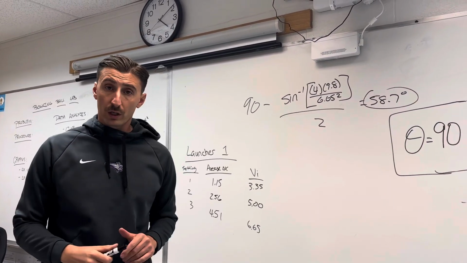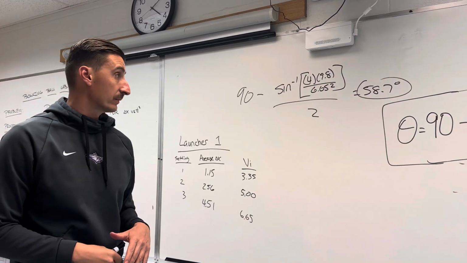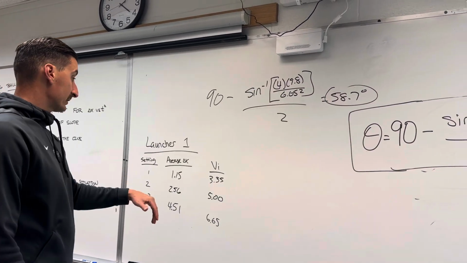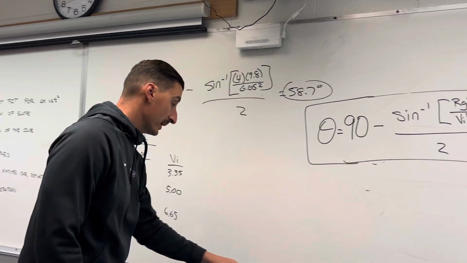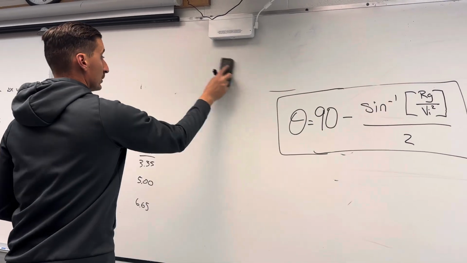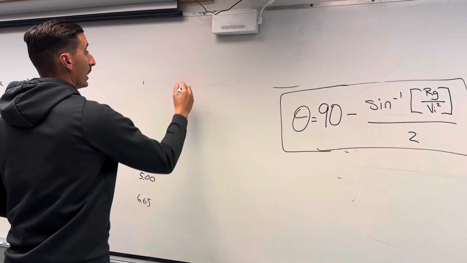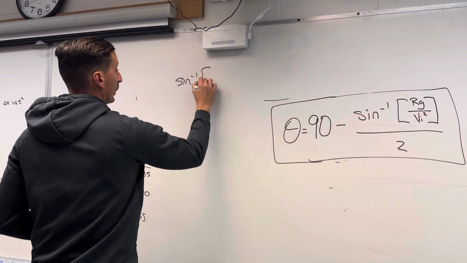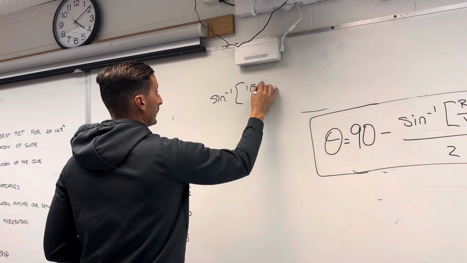Let's do one more just to make sure you can calculate this. All right. Let's say I give you 1 meter. Go ahead and calculate it. You should be able to beat me. So I'm going to plug in sine inverse, range 1, 9.8.